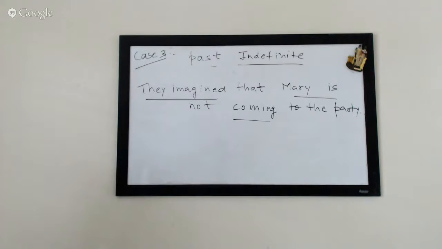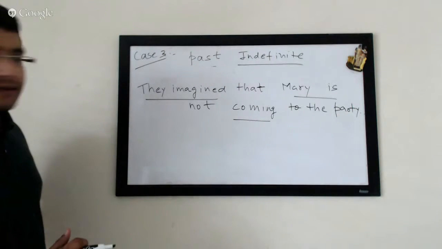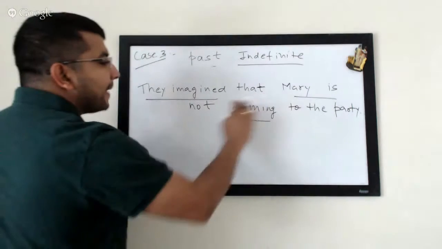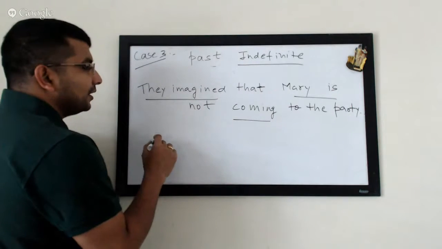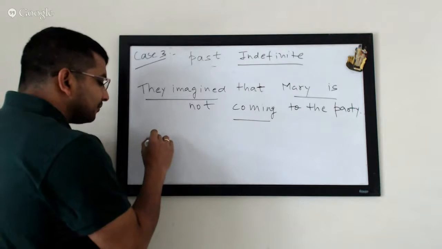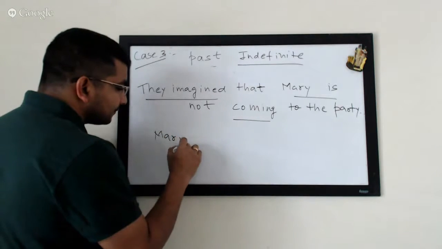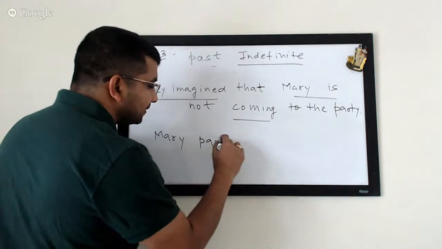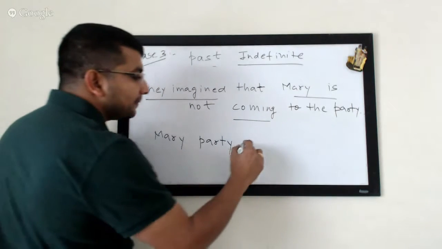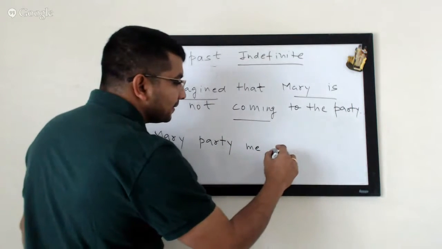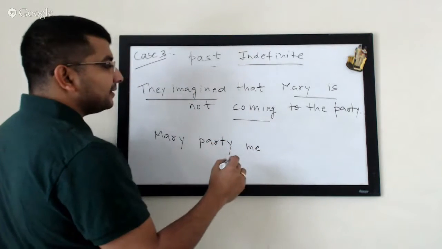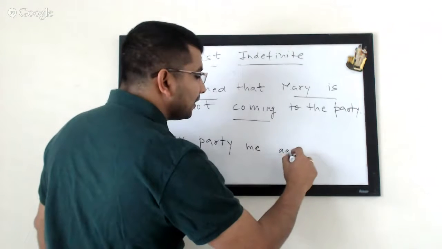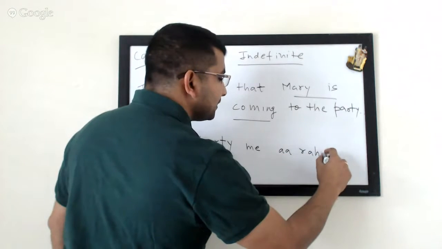Okay, very good. So let's simplify. So Mary is not coming to the party. That should be straightforward. It is present continuous. So when you say Mary is coming to the party, Mary party में आ रही है.